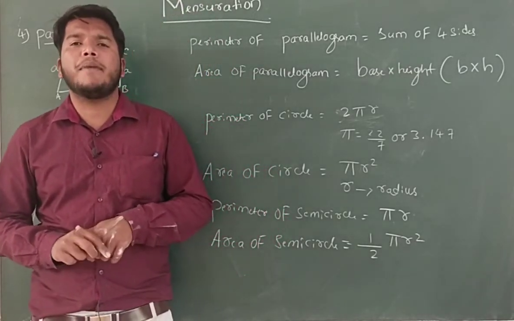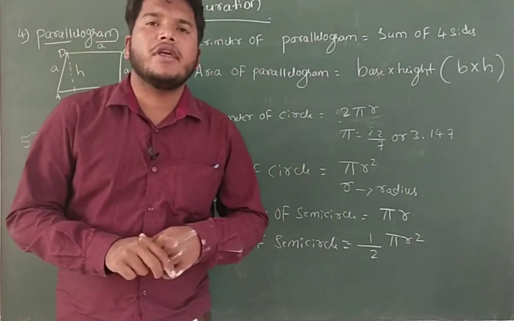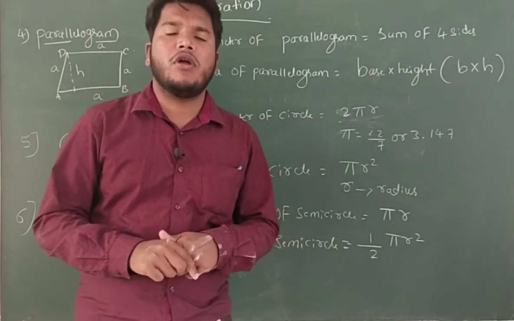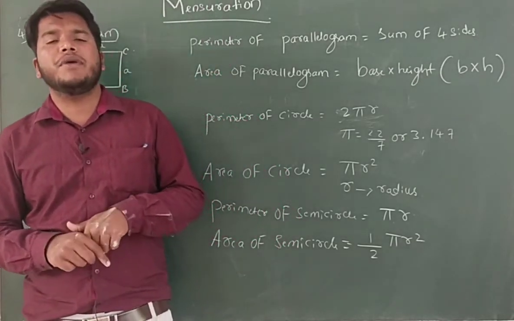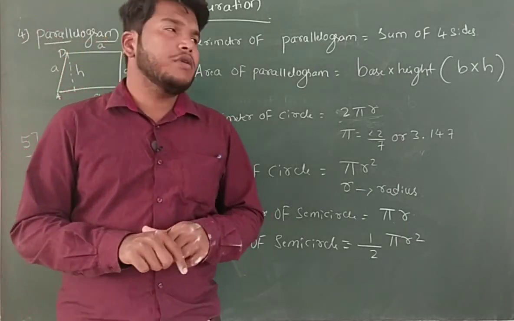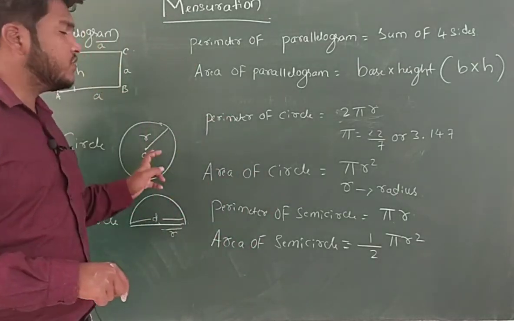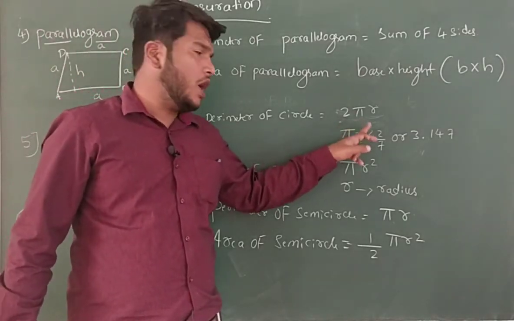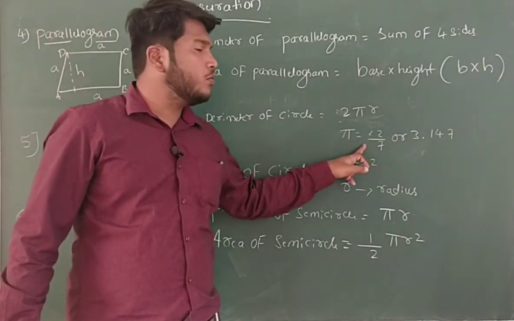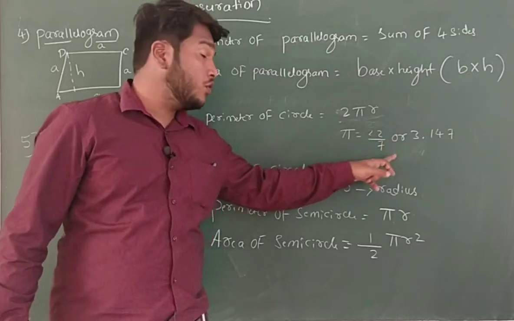Similarly, perimeter of parallelogram is sum of 4 sides, and area of parallelogram is base into height. After parallelogram you go with circle. Perimeter of circle is 2 pi r. Pi value is nothing but 22 by 7 or 3.147.